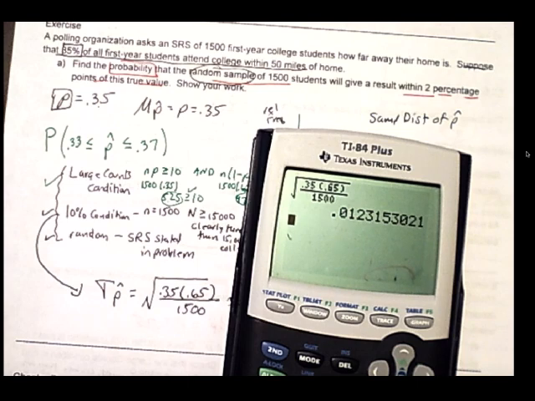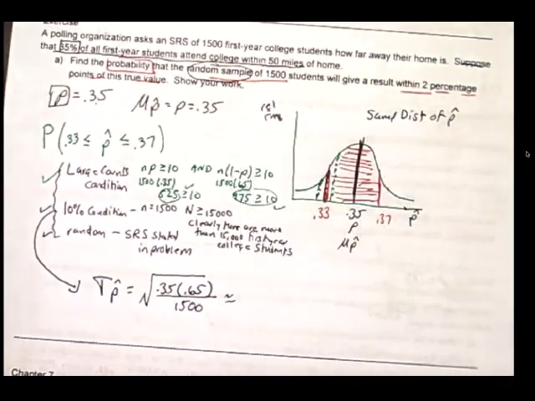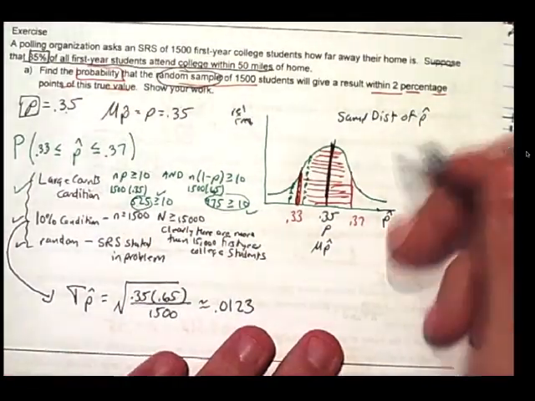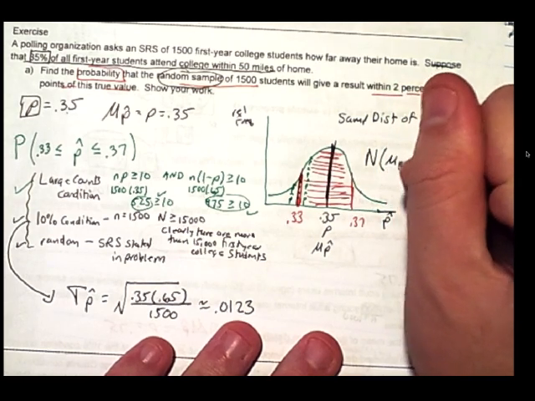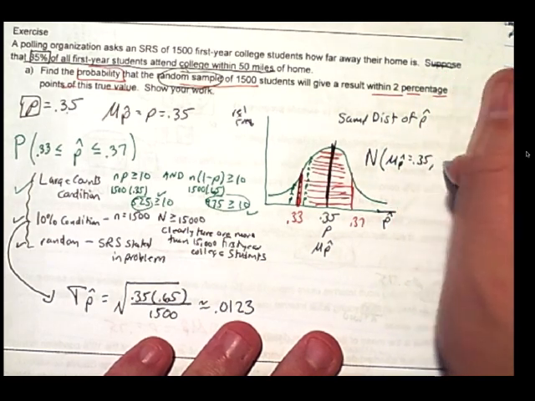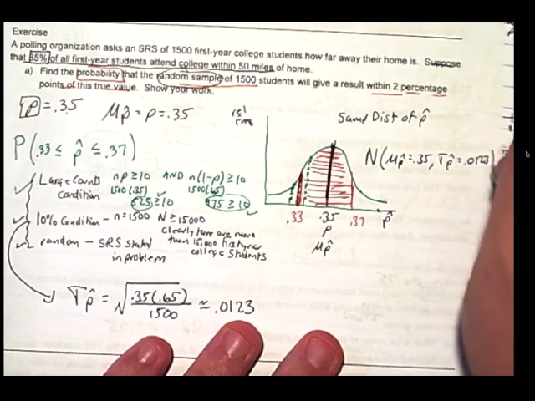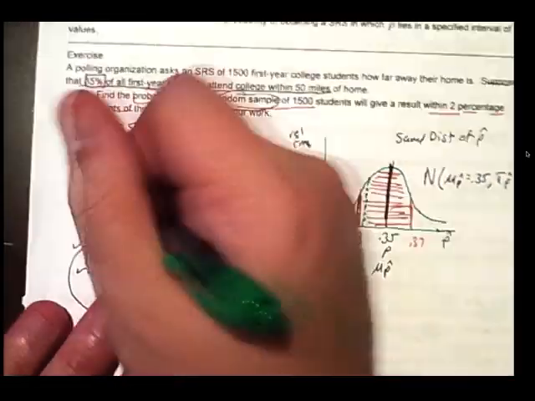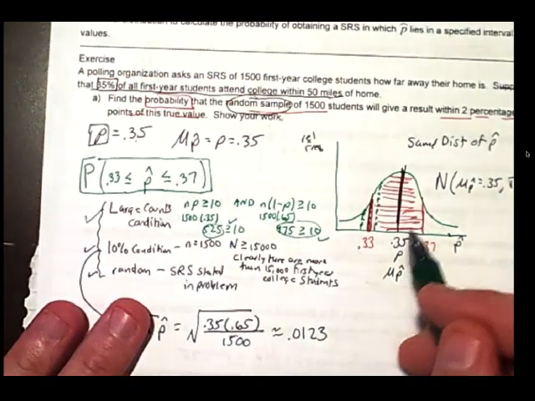Okay, 0.0123. Now let me just store this answer in letter A. So what do I know about this distribution? It's normal with a mean of 0.35 with a standard deviation of 0.0123. Why is that important? Because I can use my calculator to now figure out this area.